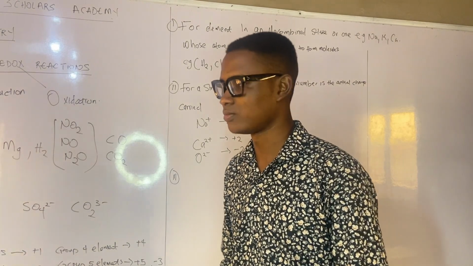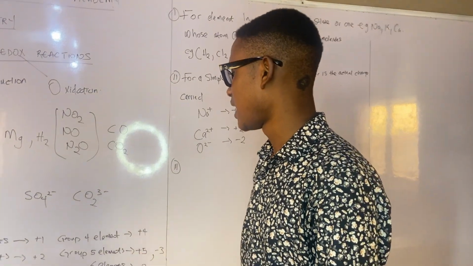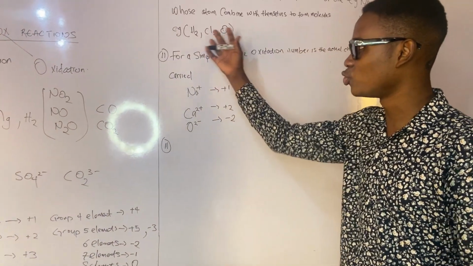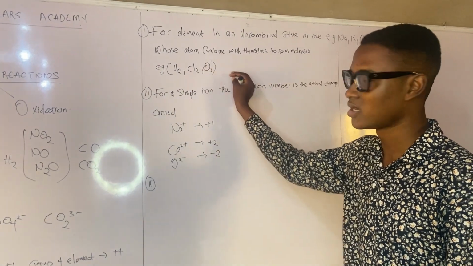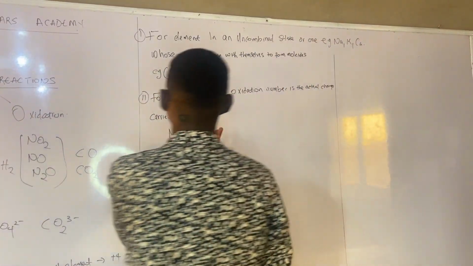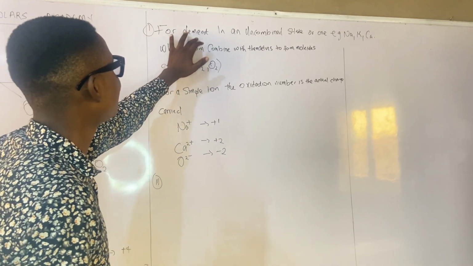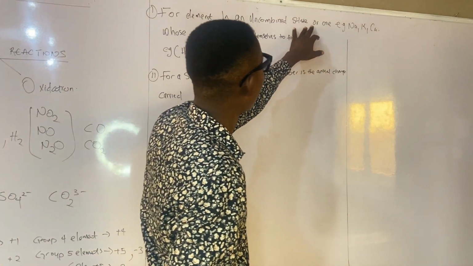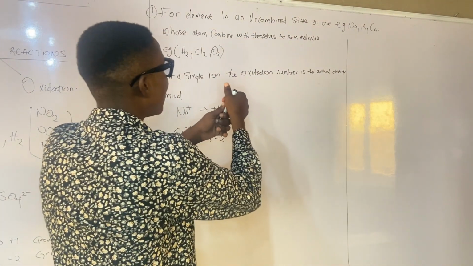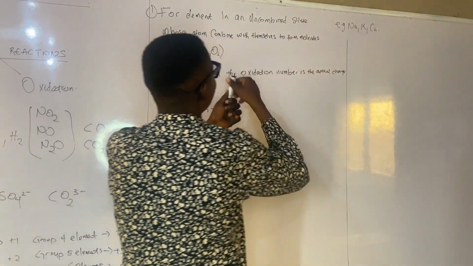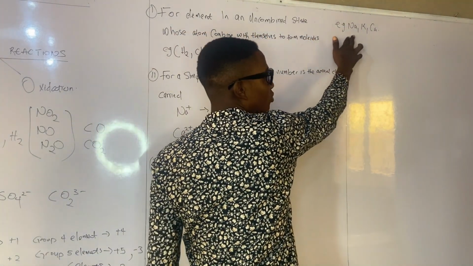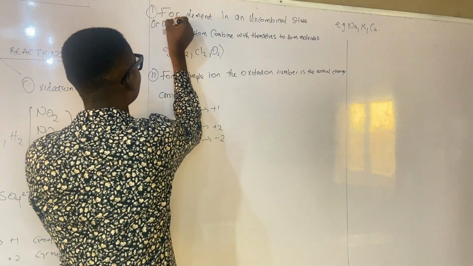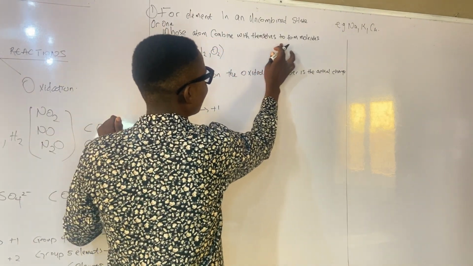So guys, we've looked at all this, and for the sake of all of us, let me write the rule so that you can copy it, and I think this one will stick better. So let us go over it again. For elements in an uncombined state, that is, they don't react with anything, e.g., sodium, potassium, and calcium, or one whose atoms combine with themselves to form molecules.